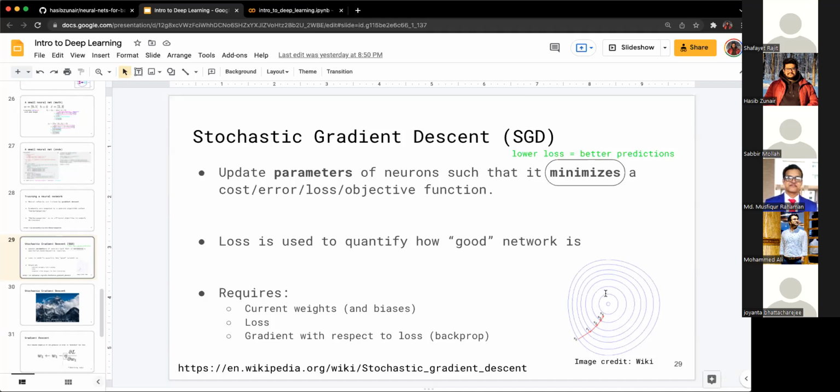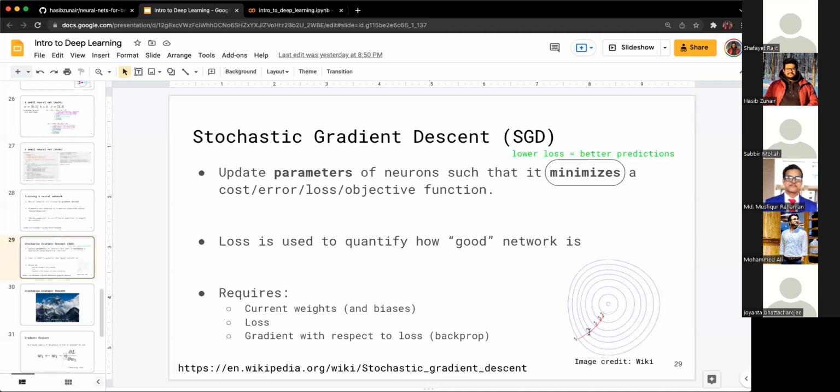If you see this small image over here, we can see that this point is what we want to achieve. Let's say you start off from a point x0, right? And then you make a guess. Your neural net makes a guess and you quantify how good or bad the loss is. And then you update the parameters of your neurons. Let's say at x1, you reach a better point. And then you do that same step again.